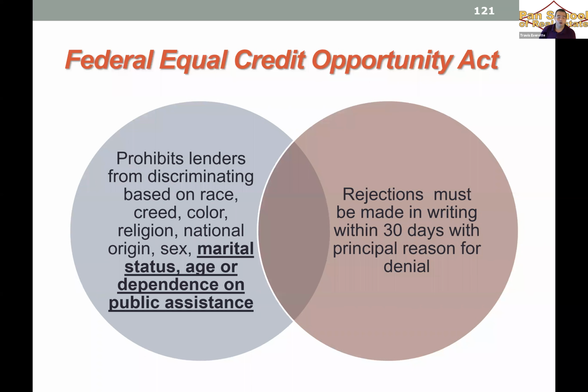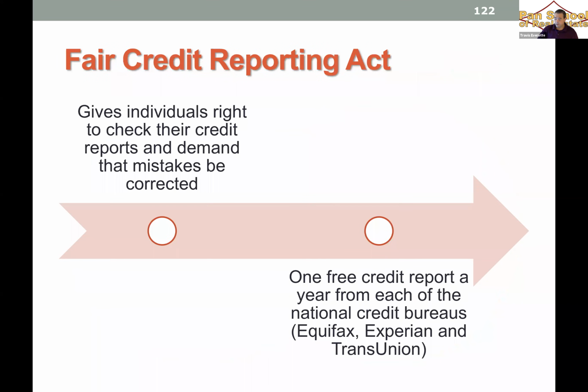Basically, there are additional protected classes under the Equal Credit Opportunity Act that are not there under the Fair Housing Act. And so that's what you might be tested on. Just make sure you understand that the protected classes are different for the Equal Credit Opportunity Act than they are for the Fair Housing Act.